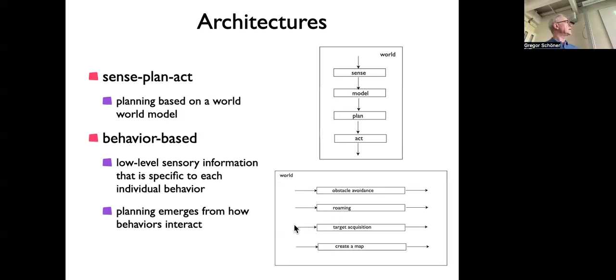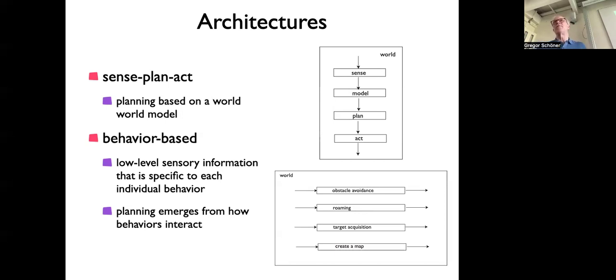And so the sensor information for this part would be different than for other behaviors, and maybe also generates different outcomes. In fact, the strength of this approach comes from what's called subsumption, the idea that these behaviors could interact.